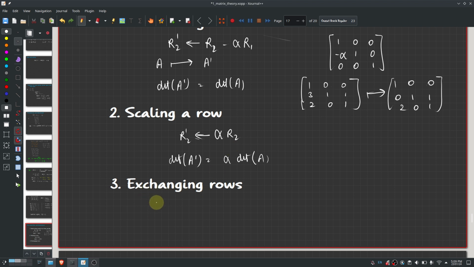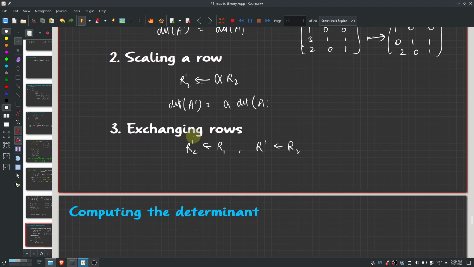What about exchanging two rows? So if I say R2 prime is R1 and R1 prime is R2, then the determinant, and in fact that's also, let's say, exchanging rows or exchanging columns, both these kinds of operations just change the sign of the determinant.